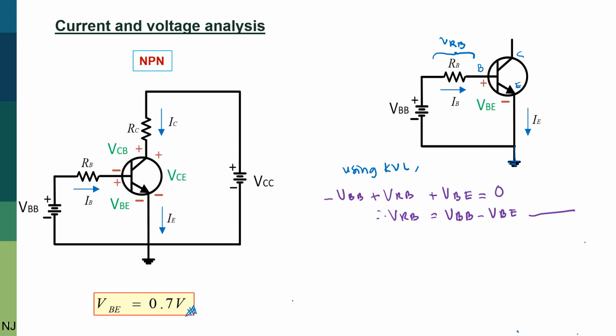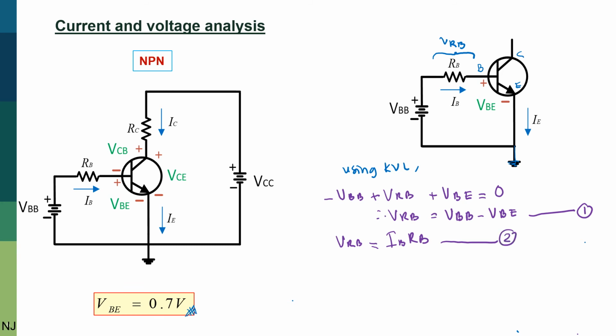This is equation number 1. Then using Ohm's law, we know that VRB equals IB RB. Let this be equation number 2.